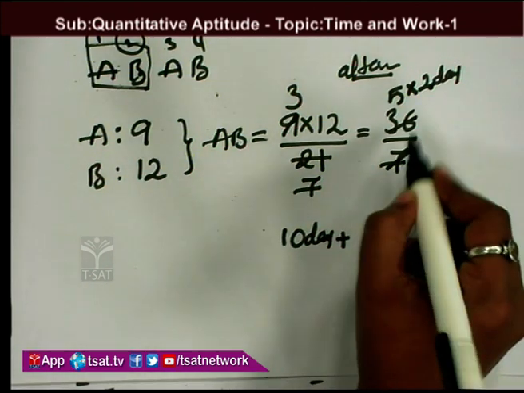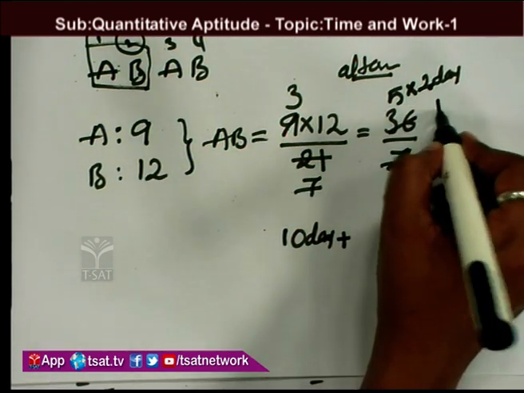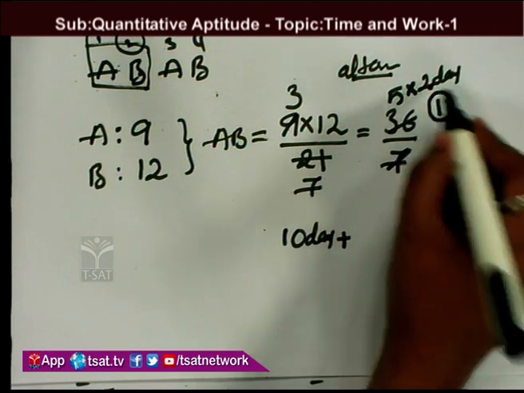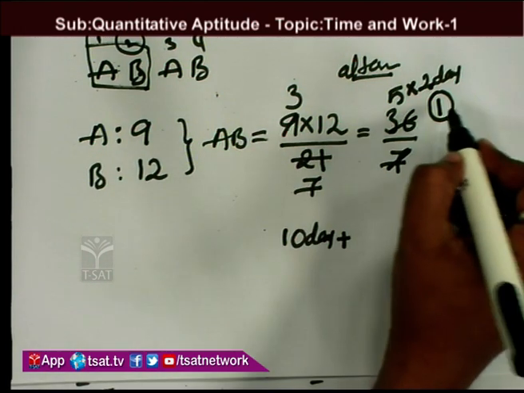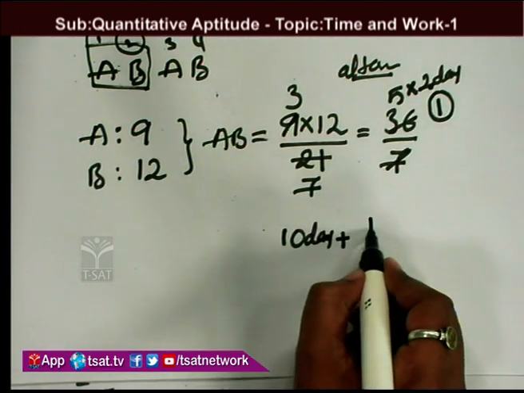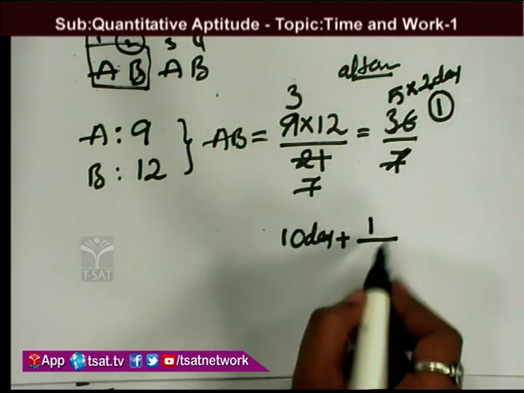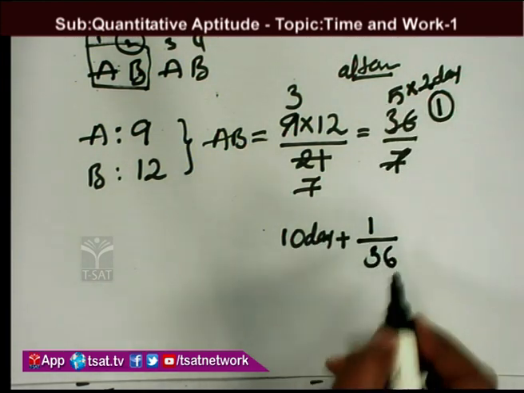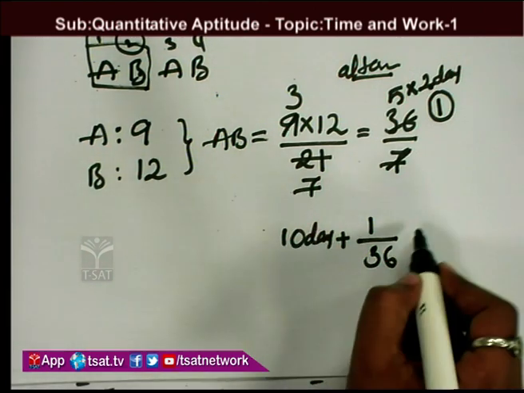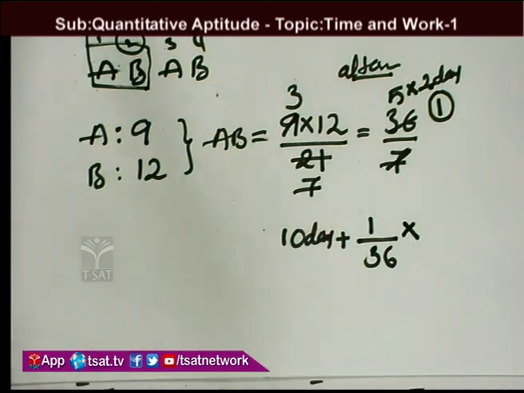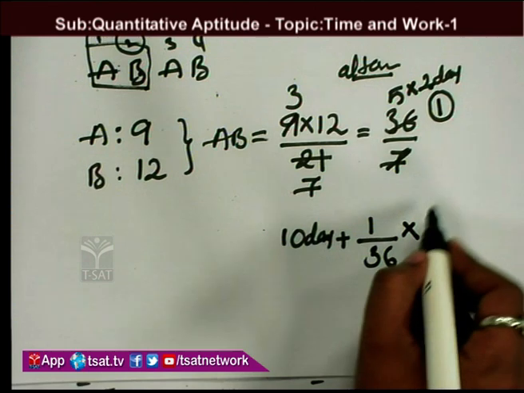Again, in 7 5s are 36, 1 is the remainder. That means the work is not completed exactly in 10 days; some work remains. How much work remains? 1 is the remainder, so 1 by 36 of the work remains. In 10 days, A, B, A, B, 5 pairs of days are completed. On the 11th day, A starts the work for the 1 by 36 of work.